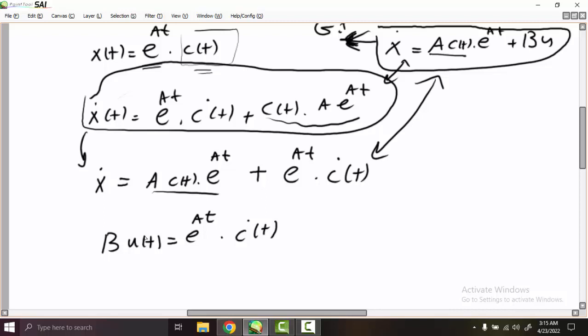So c dot of t will be equal to e to the power of minus at times bu of t. We take this to the other side, we divide both sides by this, and we get this here.